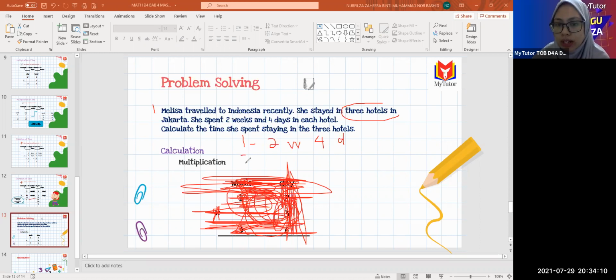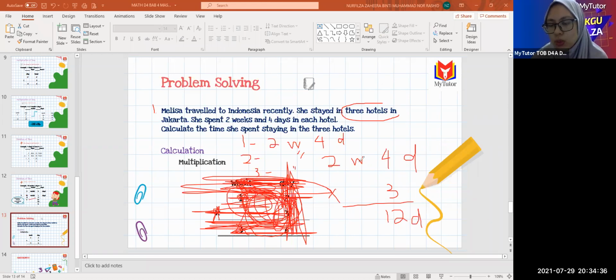Another hotel is the same time, and the third hotel is the same time. So you have to multiply 2 weeks and 4 days with 3. So what you get is 4 times 3 is 12 days. 2 times 3 is 6 weeks.